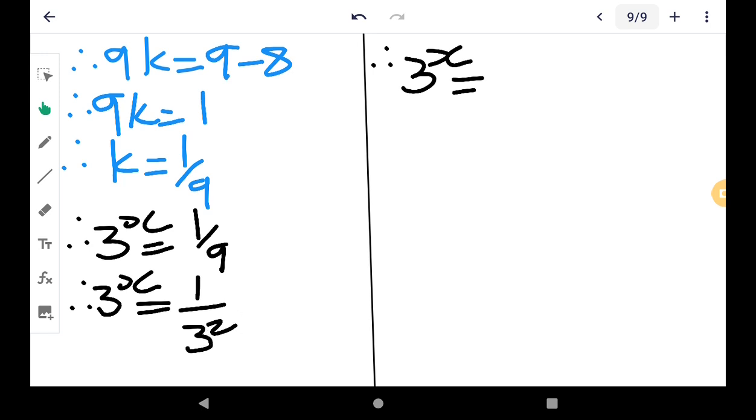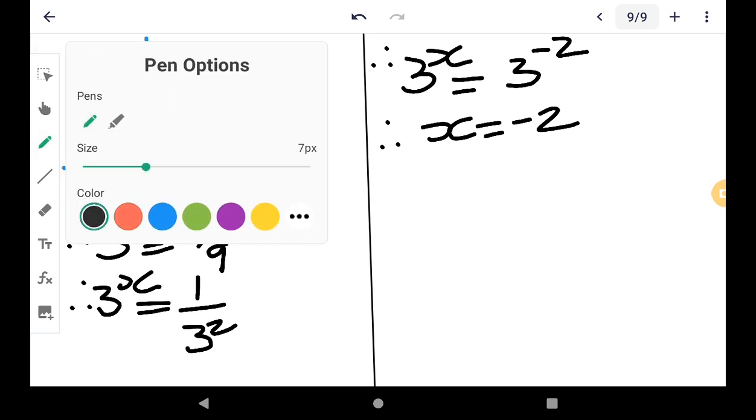It becomes 3 to the power of negative 2. Therefore, now that you've got powers of the same base equal, we can simply equate the exponent. Therefore, x equals negative 2. And that is your answer there.